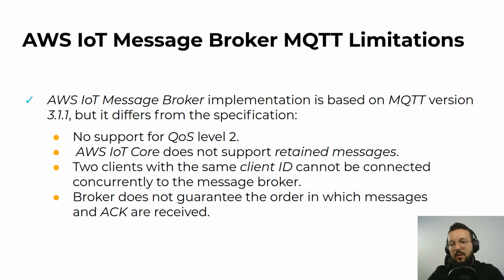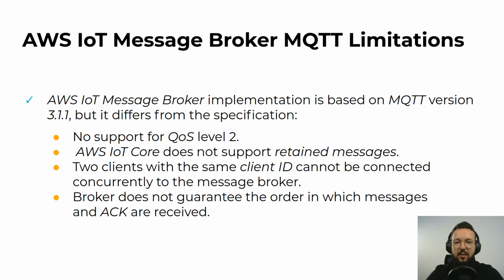And last but not least, the IoT Message Broker at the moment does not guarantee the order in which messages and acknowledgements are received. That sounds like a problem, but the truth is that it's not a problem from the application and consumer perspective, because we do not see those acknowledgements anyway. Where it can be a problem is on the publisher side, if we have quality of service level 2, because those acknowledgements and exactly-once deliveries are very tricky to handle properly on the publisher side.